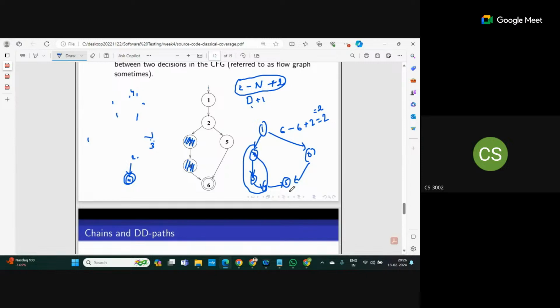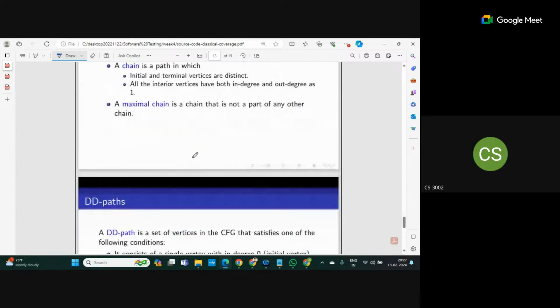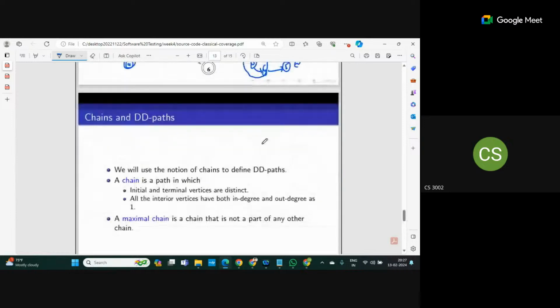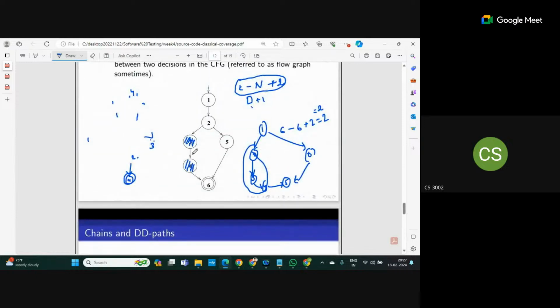That's the max chain concept. It takes care of every node, but it can reduce the test requirements by considering the maximum chain: between two decision nodes, it treats all the nodes having one incoming and one outgoing as a single node. That's how for this graph it considered 3 and 4 as a single testing unit. These are together, right?